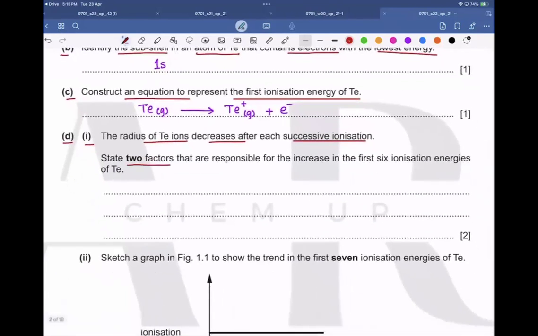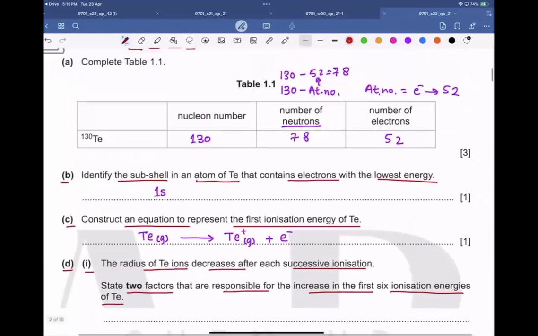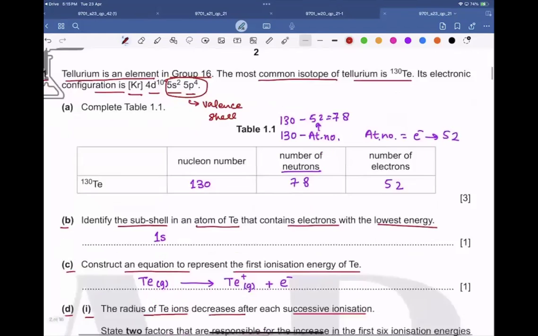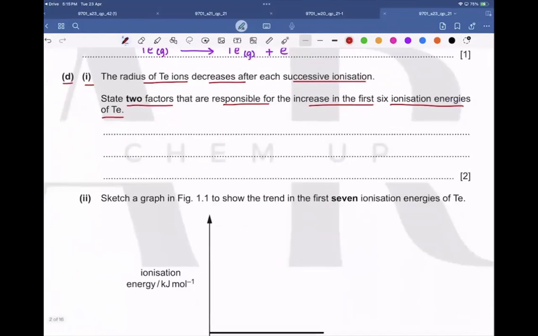State two factors that are responsible for the increase in the first 6 ionization energies of tellurium. If we talk about the first 6, they are talking about releasing the electrons from the outermost shell, the valence shell, because in the valence shell we have 4 and 2, which is 6 electrons. So as the electron is released, the nuclear charge increases, so the nuclear attraction increases.